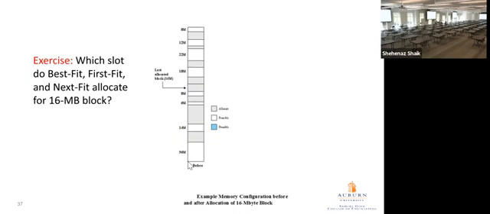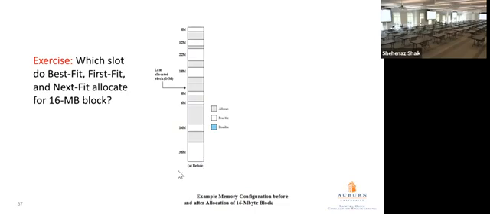So we have three possible candidates here, and of them, if we allocate the 22 megabyte one, it will result in a hole of 6 megabytes, and the 18 megabyte one will result in a hole of 2 megabytes, and the last one will result in a hole of 20 megabytes.